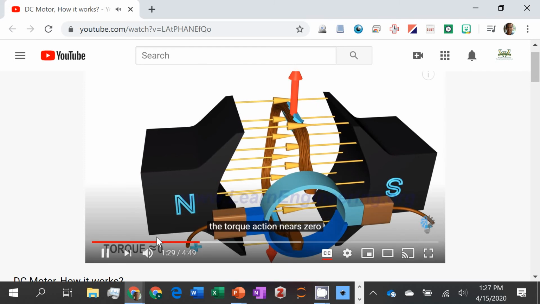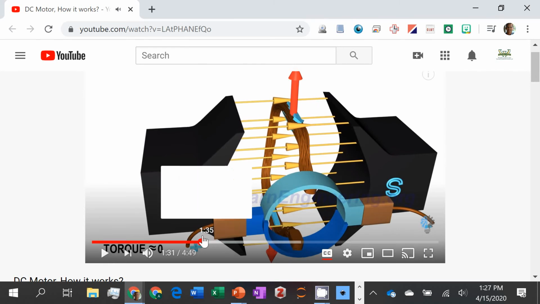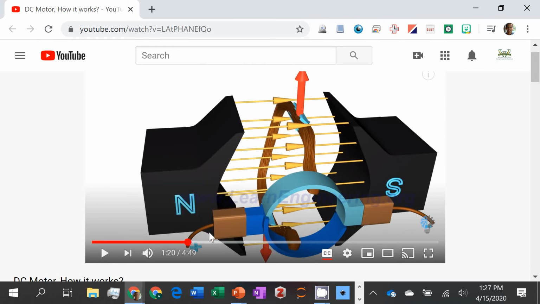All right. The second concept that they're pointing out here is that when the coil is at a 90-degree position, you'll notice that the magnetic field is pointing in this direction, going from left to right.